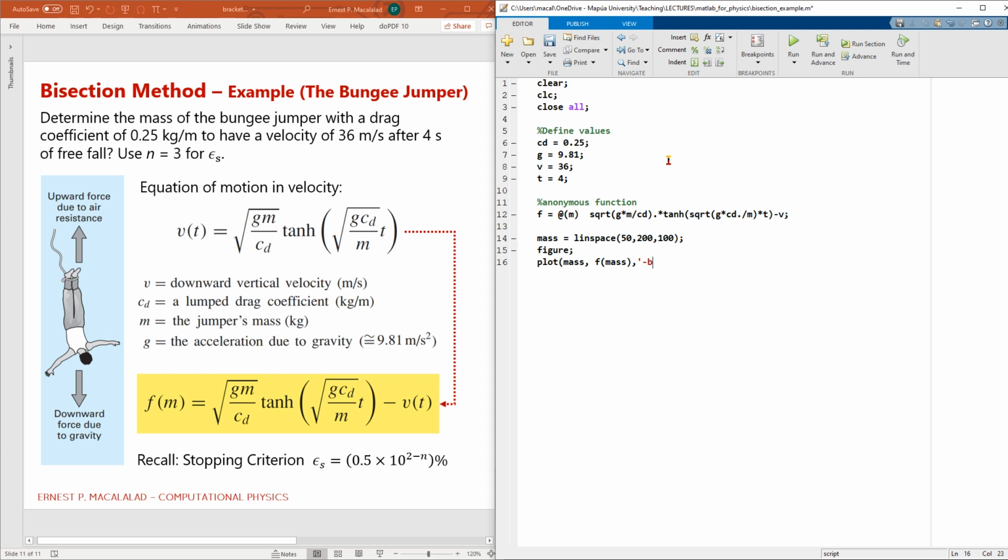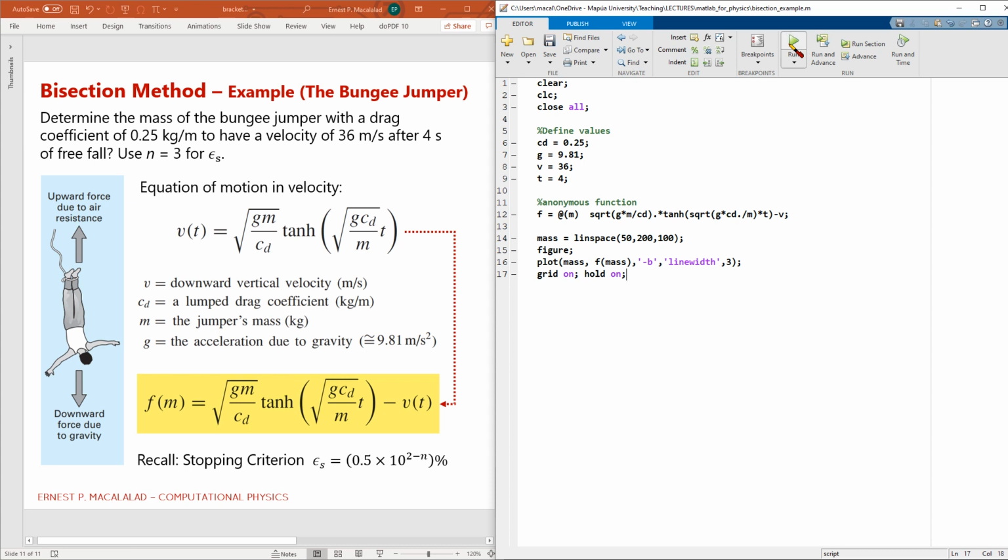Let's use b as our color, and let's have a thick line with width 3. Let's turn on the grid, and let's turn on hold so that we could add more to this plot.